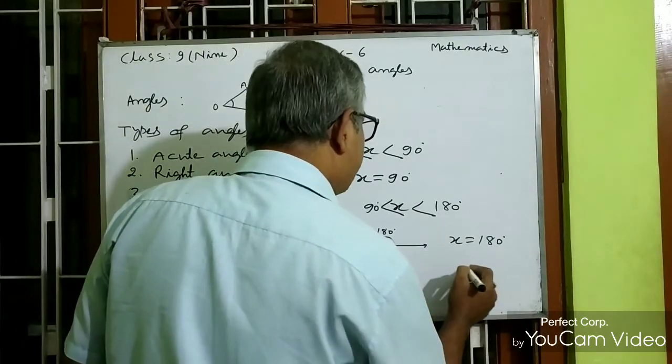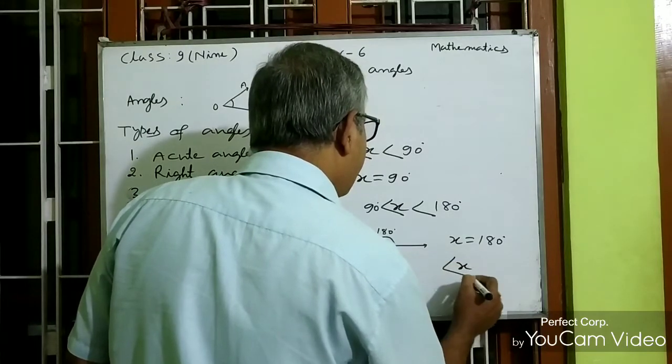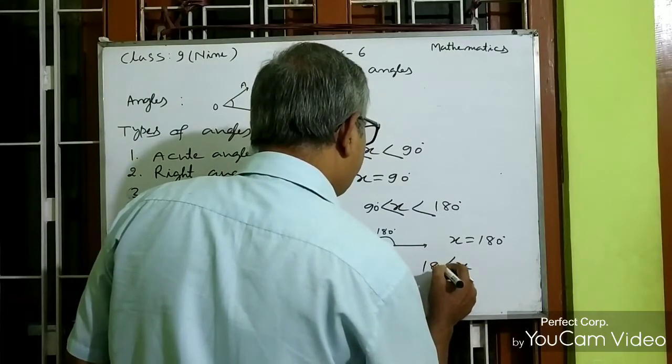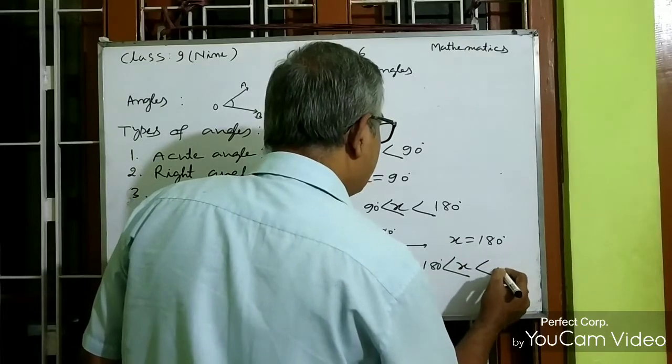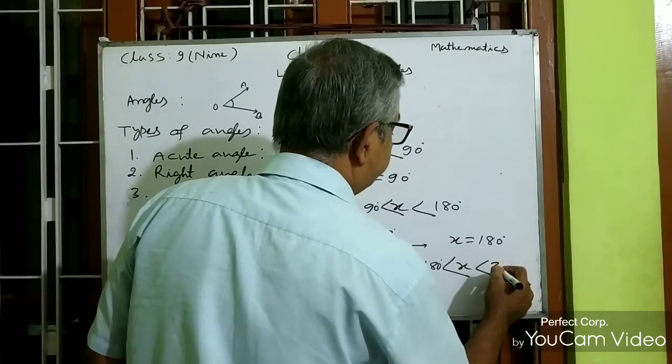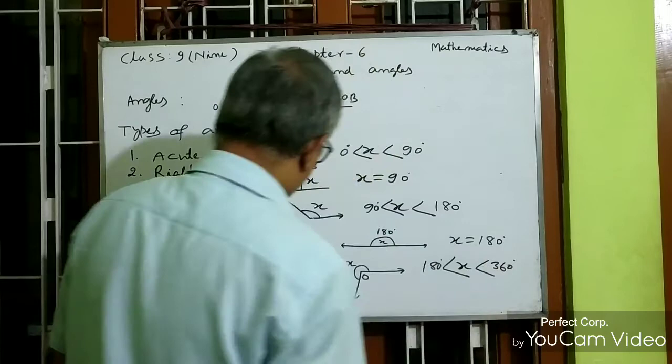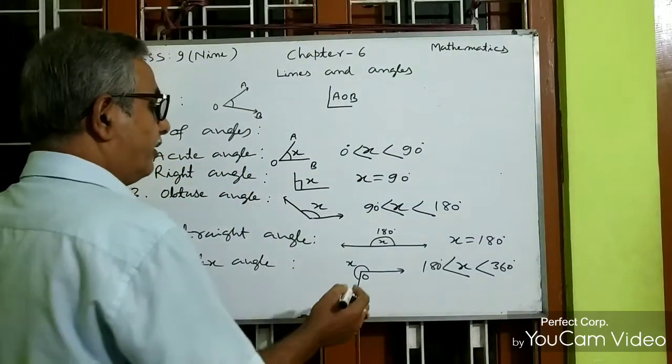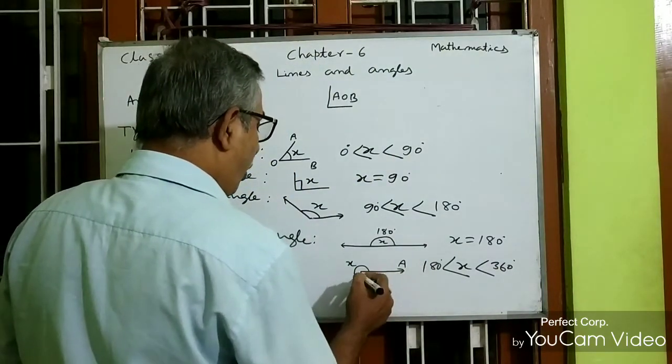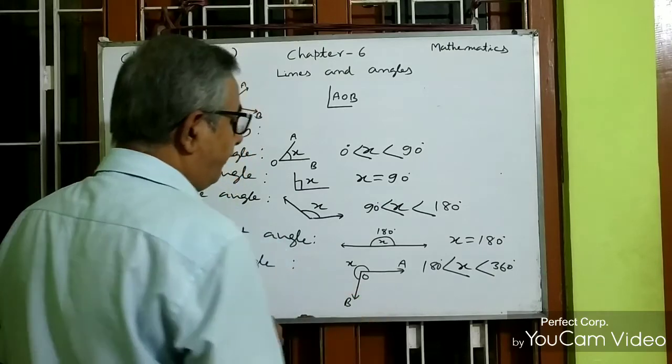An angle greater than 180 degree but less than 360 degree is called a reflex angle. Suppose AOB is a reflex angle.